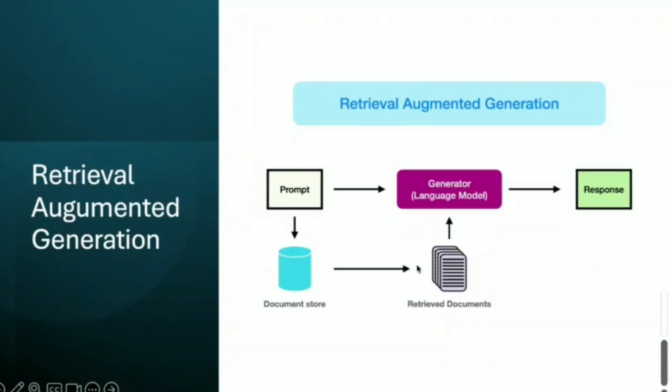Retrieved documents or data is then supplied to the generator, that is the GPT. It also becomes part of your prompt.